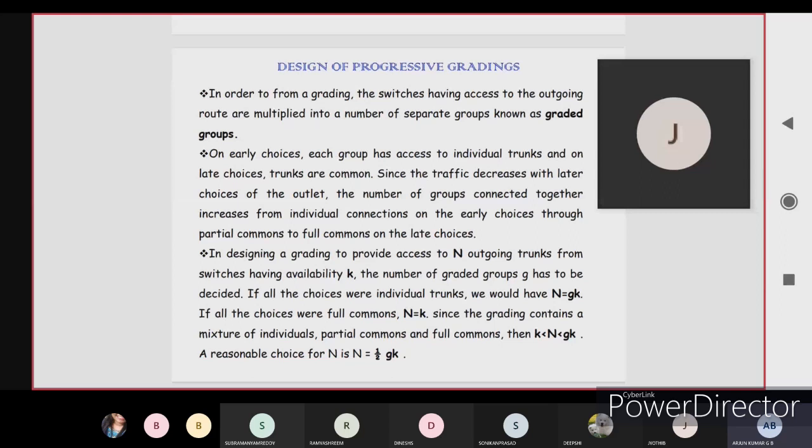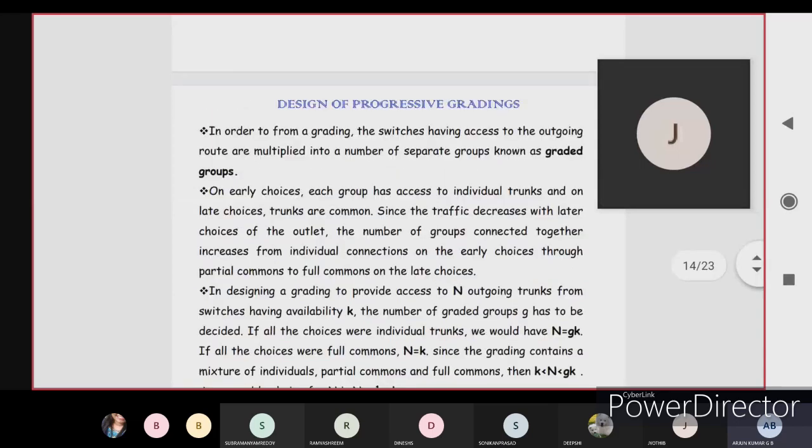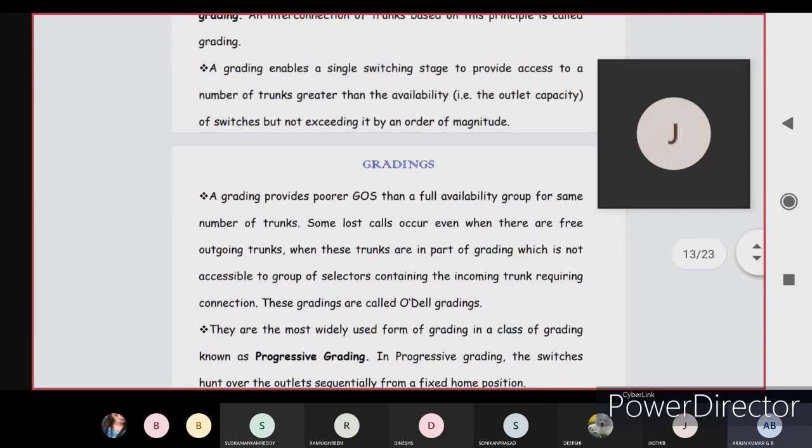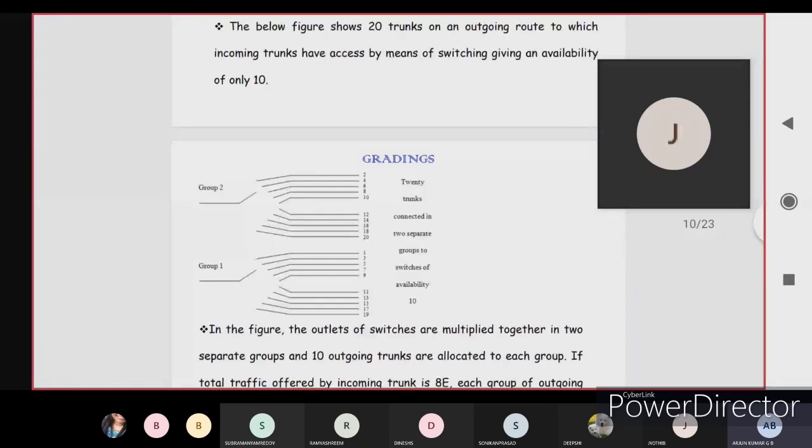We can observe in this figure, the group 1 switches. For the group 1 switches, incoming calls will be connected to these dedicated outgoing trunks only through the uniselector switches.